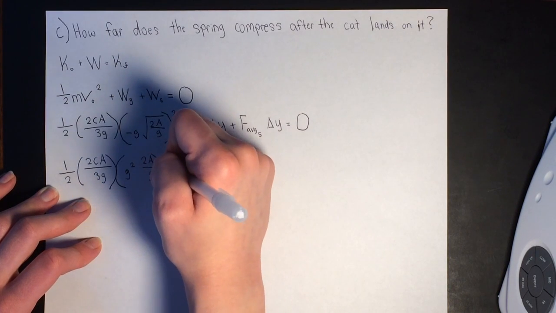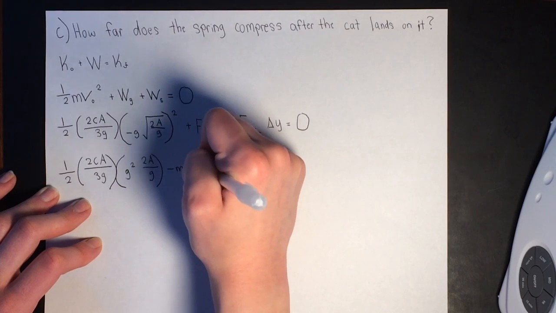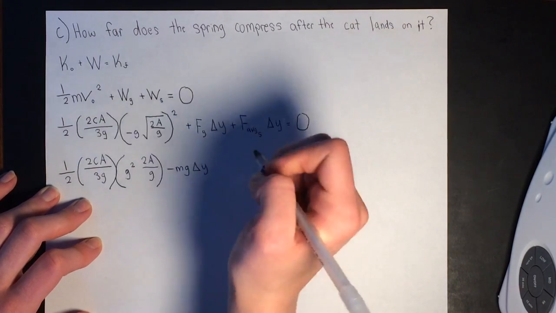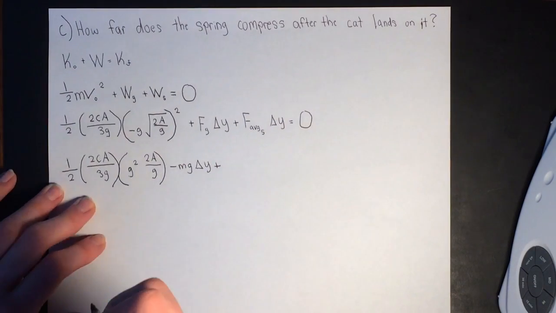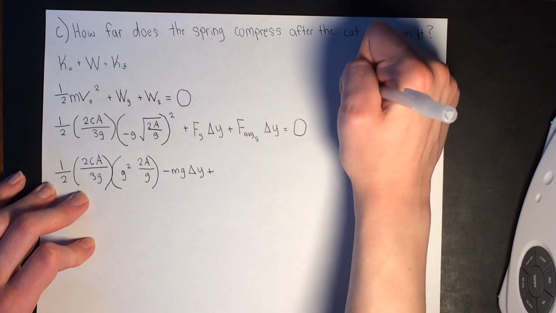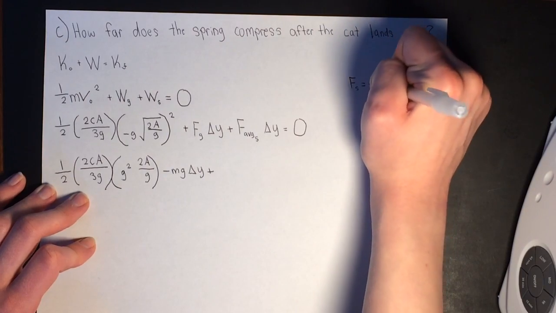The force of gravity we know is negative mg times delta y, and the average force of the spring is going to be equal to, if we remember that the force of a spring is equal to negative kx.